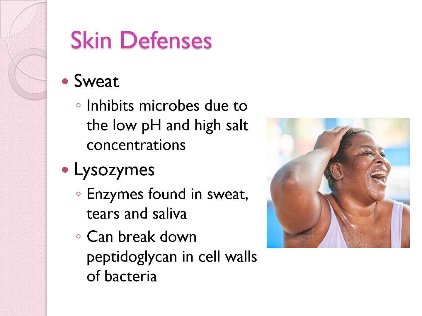And then last but not least, we do have our lysosomes, which are found in our sweat, tears, and saliva. What lysosomes are is essentially buckets of little acid that can break down the peptidoglycan in the cell walls of bacteria. So this is another really neat line of defense when it comes to our skin.